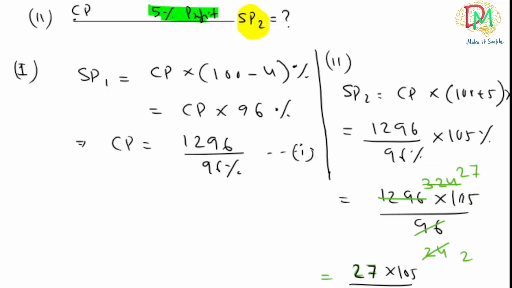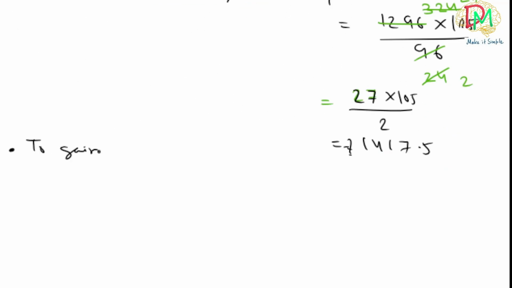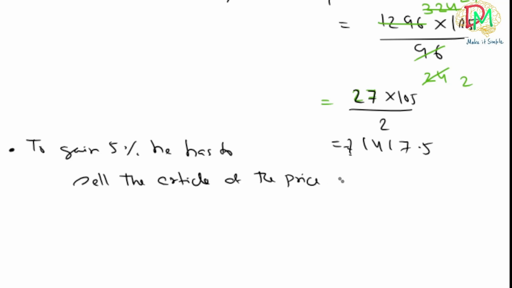So he has to sell the article at the price 1417.5. This is the answer. This is the end of this video.